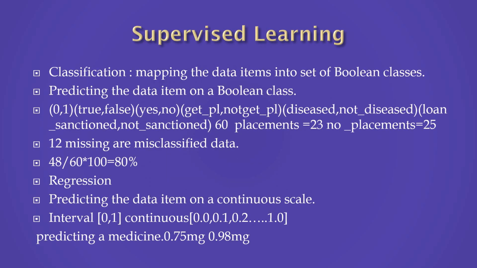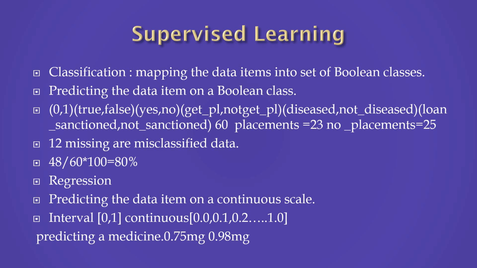What is the meaning of classification? As we have already seen, classification means we are gathering the data from labeled classes. So we are mapping the data items into a set of Boolean classes.